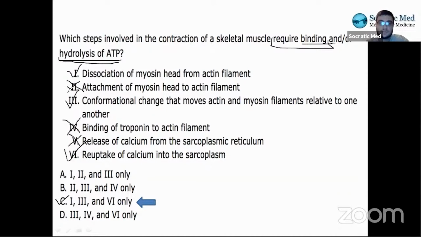Oh, I'm sorry. Actually, about this one, I made a mistake. It can be loosely bound without ATP, my mistake. The myosin head can be weakly attached to the actin filament without hydrolysis or binding of ATP.